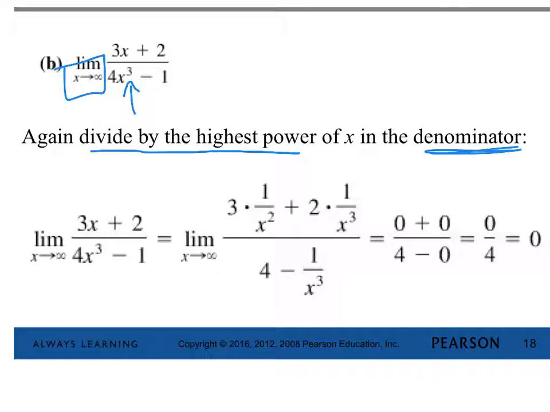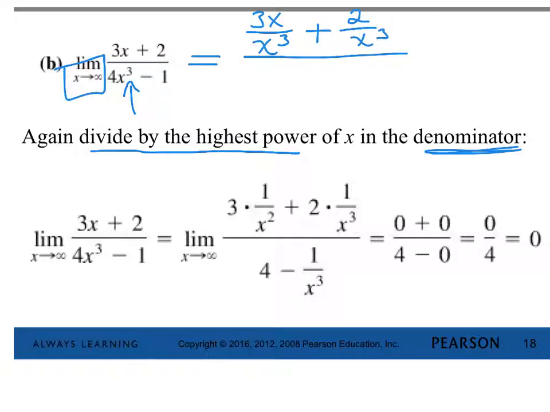So rather than go straight to all of this down here, I'm going to take 3x, and I'm going to divide it by x cubed. And then I'm going to take 2, and I'm going to divide it by x cubed.